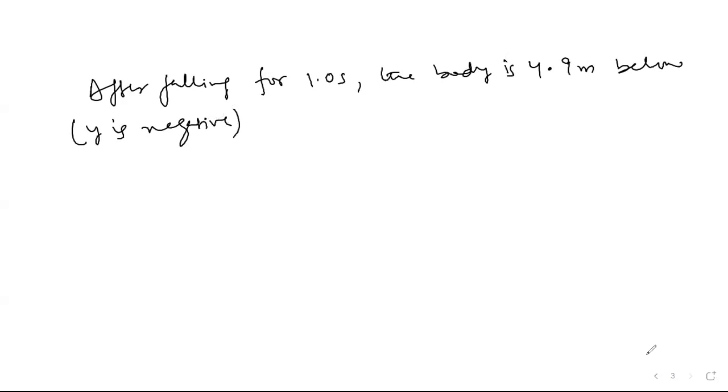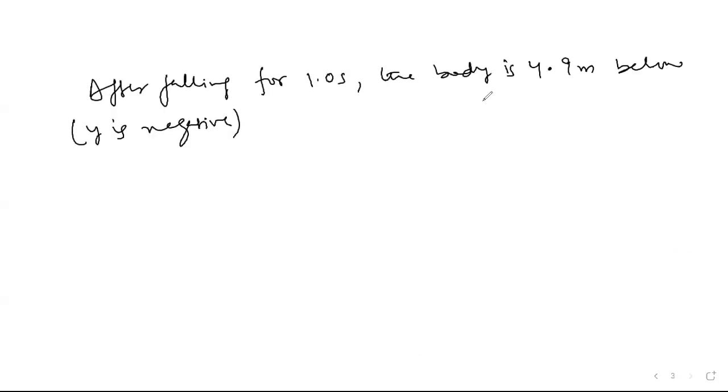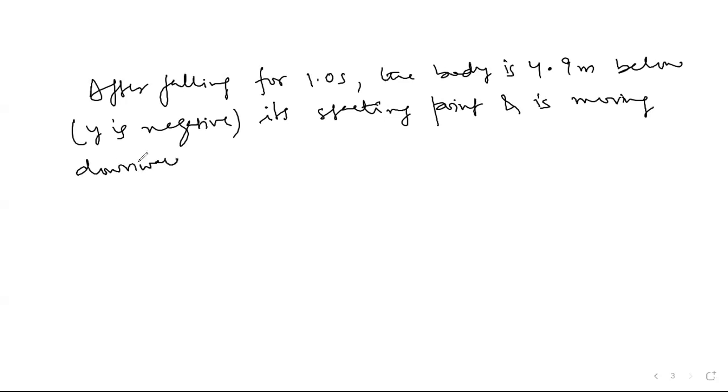So it is 4.9. This minus indicates it is below its starting point. So it is below 4.9 meter, its starting point, because y is negative, and is moving downward. How do I know that? Because v is negative.